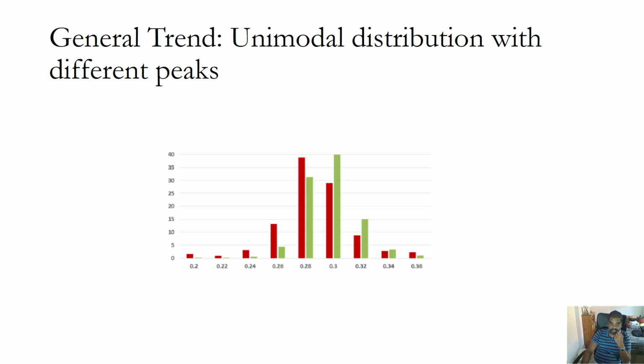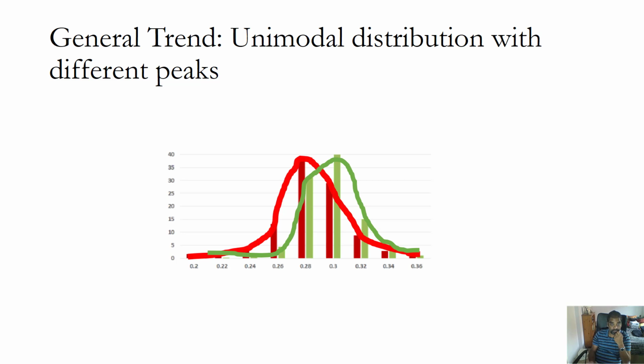So the general trend is here. We're taking one of these datasets, looking at the word embedding coherence scores, and plotting the histogram. The red bars are associated with the histogram of fake news articles, whereas the green bars are associated with real news articles. As you can see, the fake news coherence scores peak earlier, at a lower value, as compared to the legitimate news coherence scores.